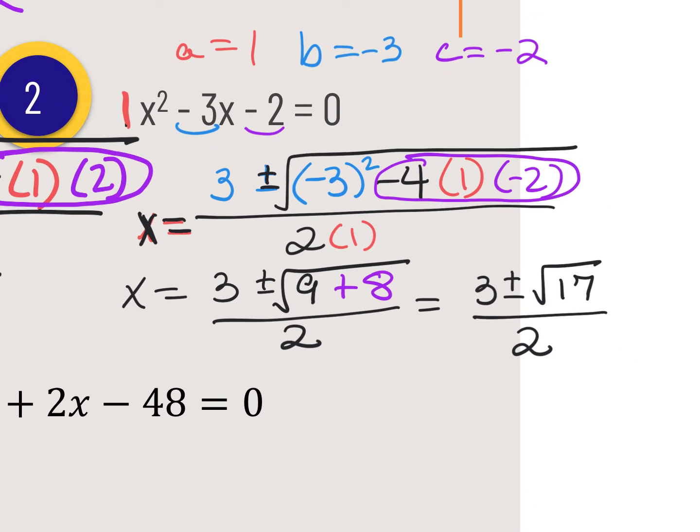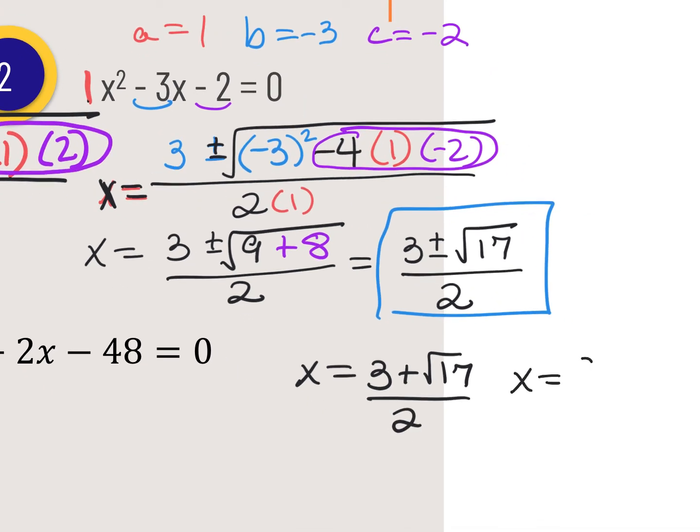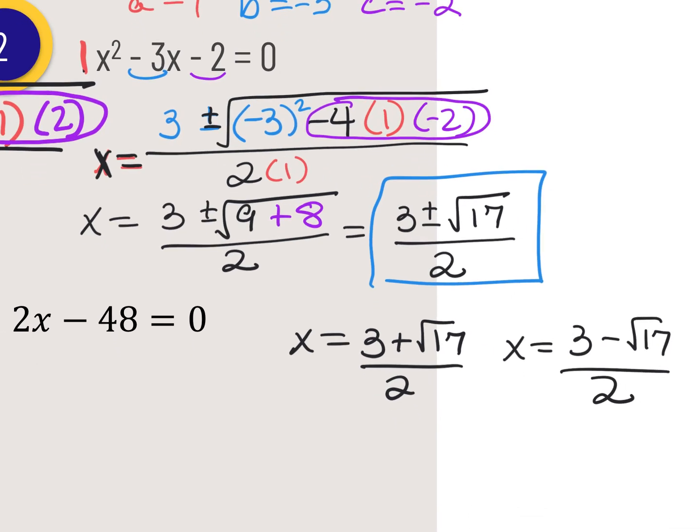So for the quiz, you can just leave your answer just like that. Or, if you prefer, pull it apart. 3 plus the square root of 17, divide by 2, and 3 minus the square root of 17, divide by 2. Again, tonight, big ideas.